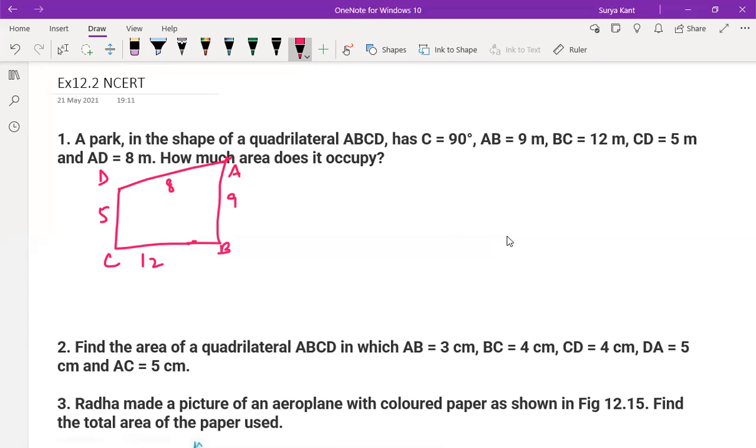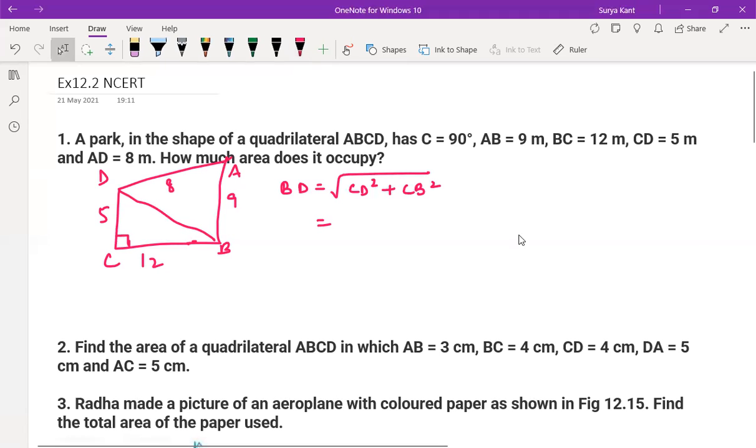So how much area does it occupy? It's very easy, right? This is your hypotenuse. This is 90 degree, so you can find the middle part of it. So you can write here BD is equal to root over CD square plus CB square. So CD is 5 square plus CB, that is 12 square.